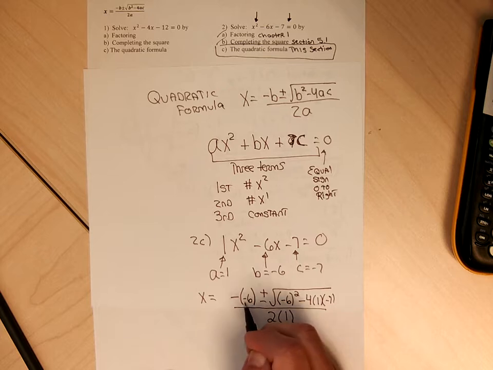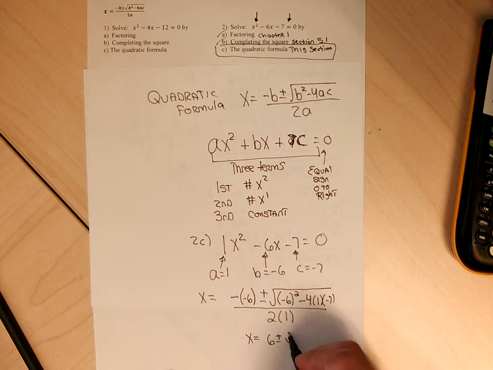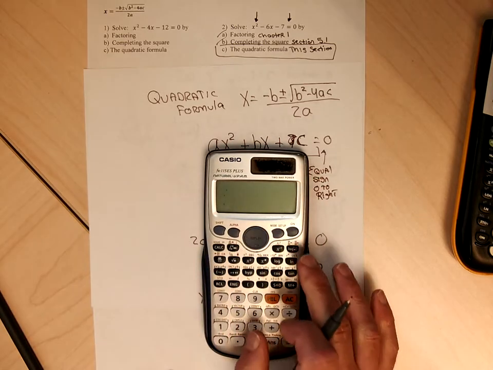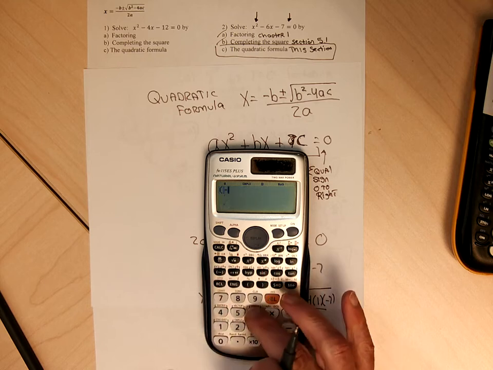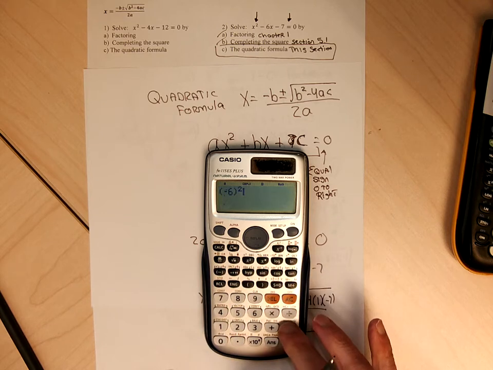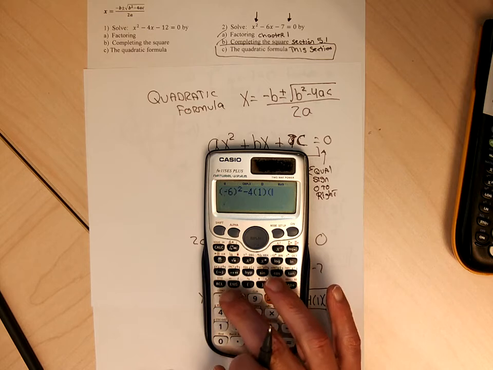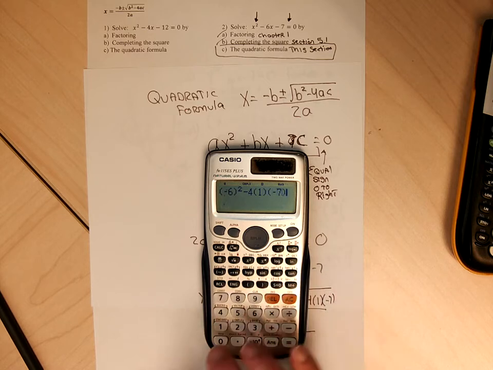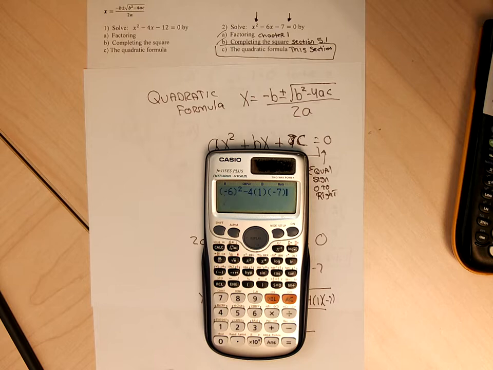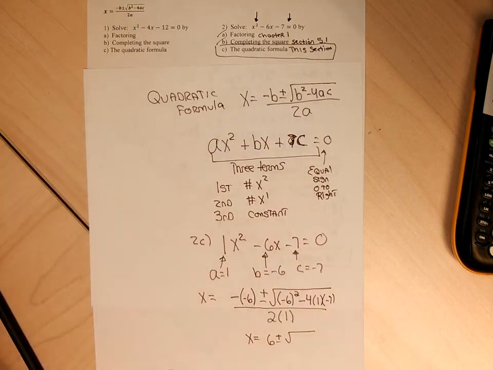The double negative 6 in the numerator will turn out to be positive 6. I'm going to figure out what's under the square root first. Under the square root, I have negative 6 in parentheses squared minus 4 times 1 times negative 7. So the expression under the square root simplifies to be the number 64.